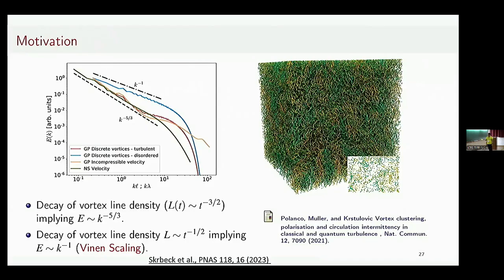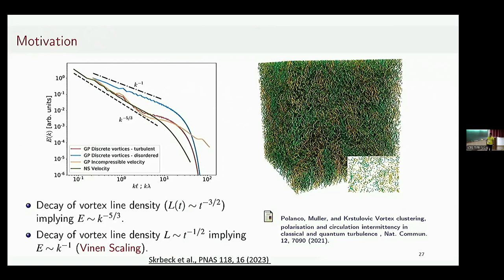When they are organized, it has been seen that the vortex line density decays with a power law t to the power minus 3/2, and the corresponding energy spectrum will follow the Kolmogorov scaling.